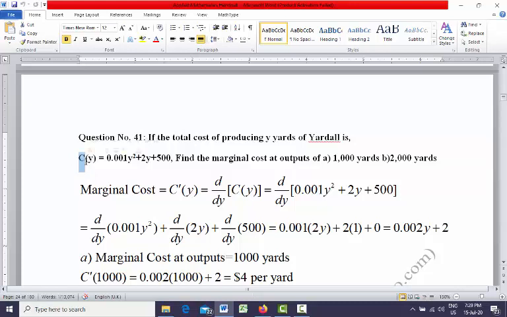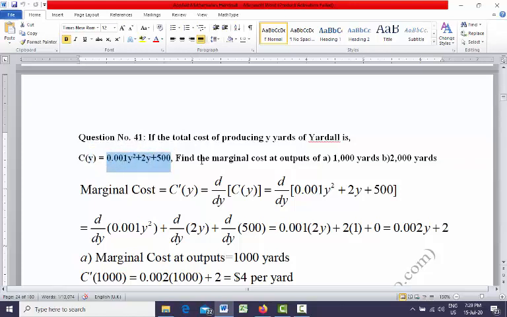Here the name of the function is c, because this is the cost function. That's why we name it like that, where y is the variable. So this is the cost function.